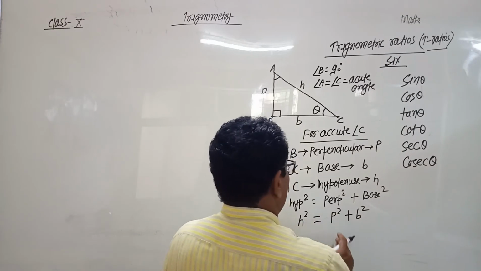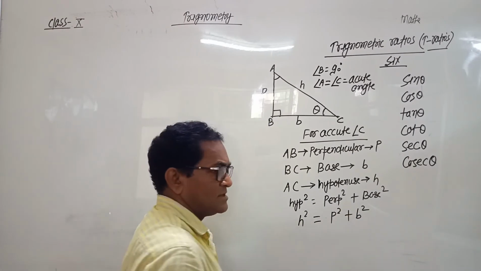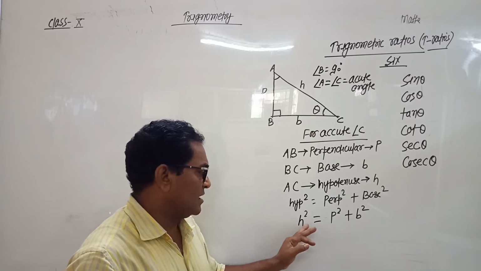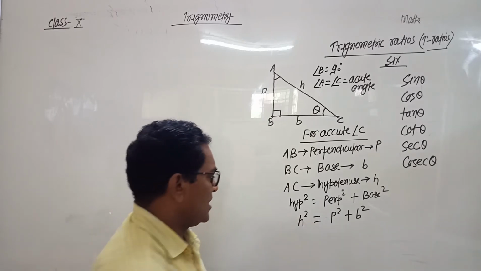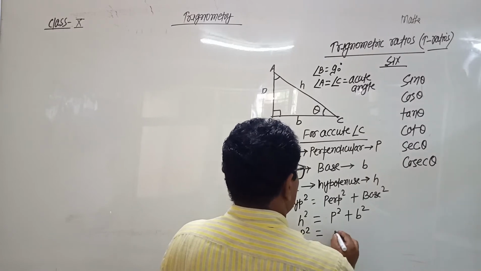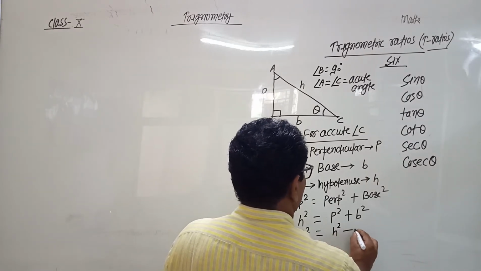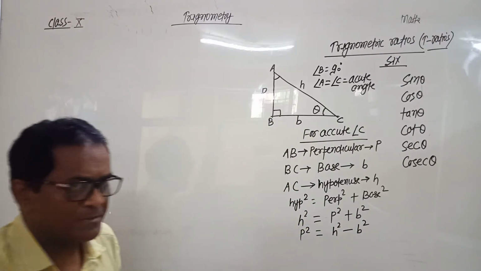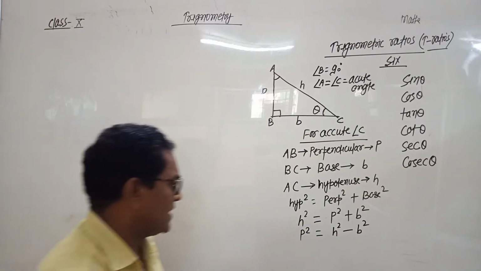If perpendicular and base are given and we have to find the hypotenuse, then we use this formula. If we have to find the perpendicular and hypotenuse and base are given, then we use the formula perpendicular square equals hypotenuse square minus base square.